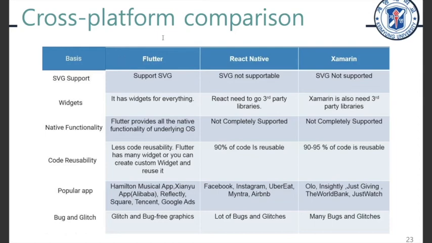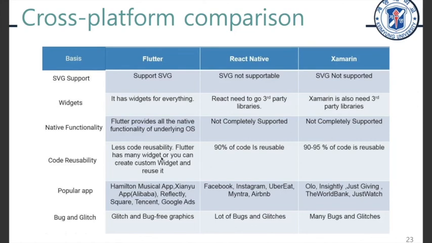So the best part about Flutter is that it supports vector graphics. That means it looks native on different mobile devices, whether Android, iOS, or Windows. And Flutter provides all the native functionalities of the underlying operating system, whereas the others do not.